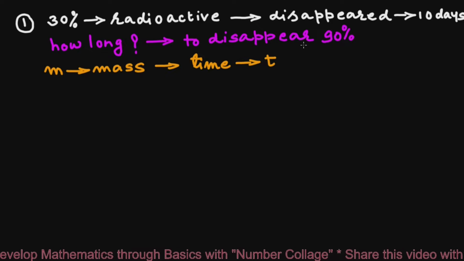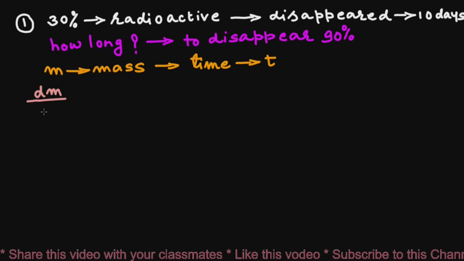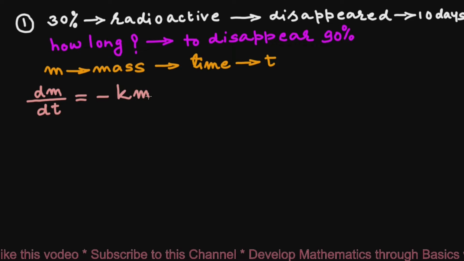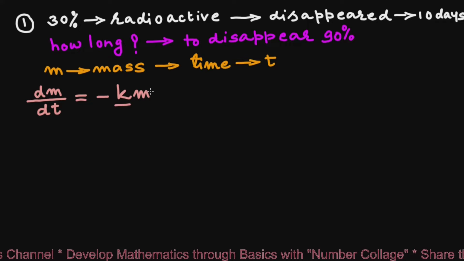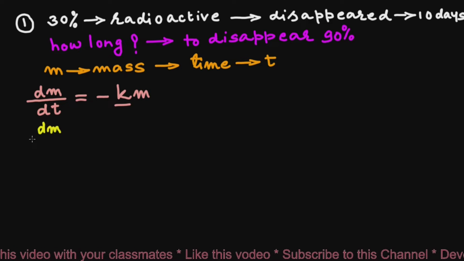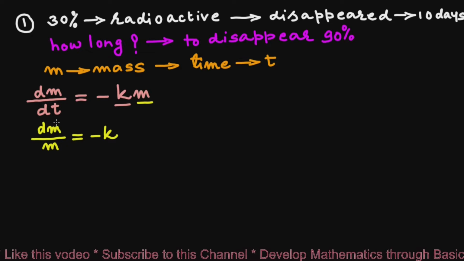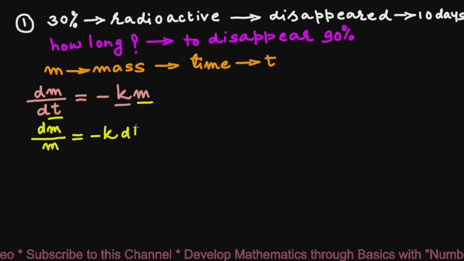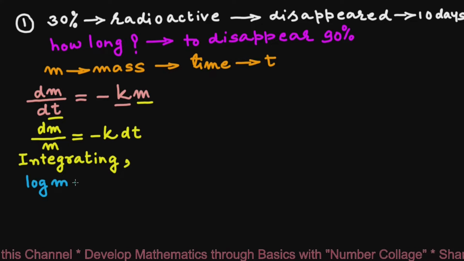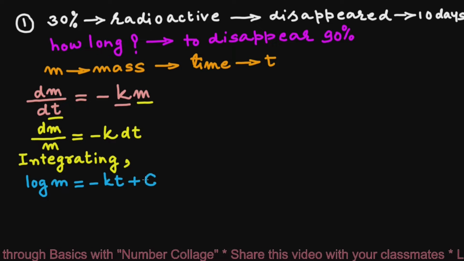This is a case of radioactive decay, so we write dm/dt = -km, where k is the constant of proportionality. To separate the variables, we write dm/m = -k dt. Integrating, we get log m = -kt + c, where c is the constant of integration.